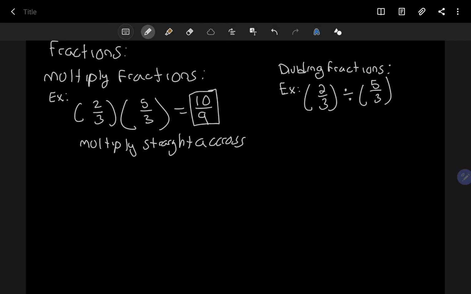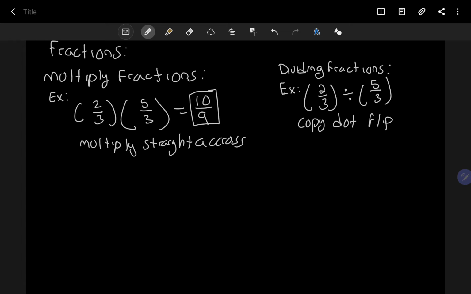So what we want to remember at this point is that before we can do anything with the fractions, we want to copy dot flip.